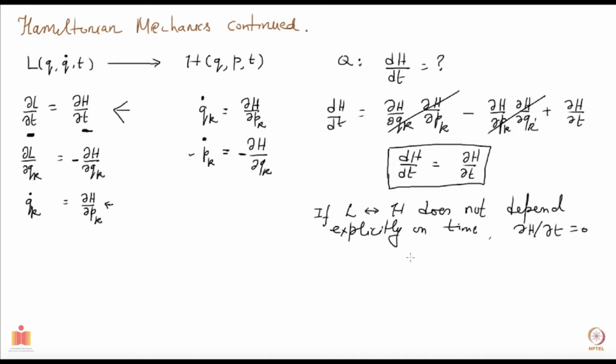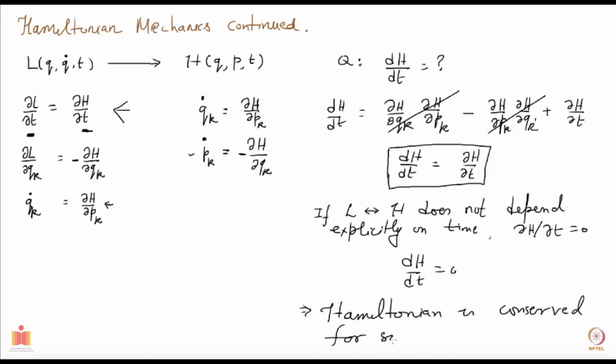And if that is the case, then dH over dt is equal to 0, which means that the Hamiltonian is conserved for such systems.